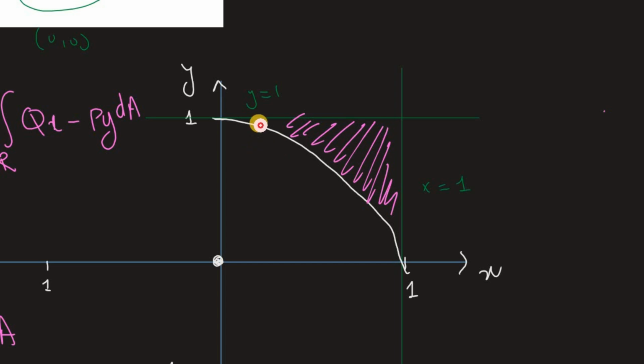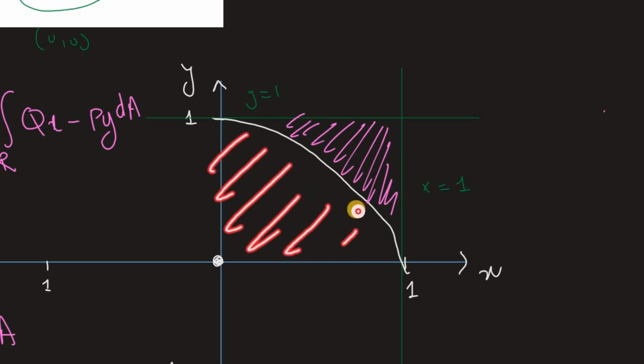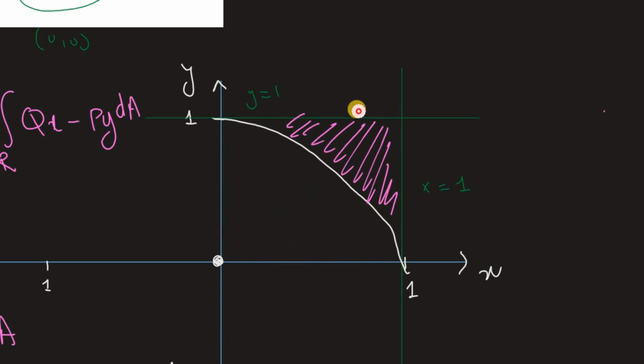But here this is not our region, right? Our region is this right over here. So here we don't know the radius of this region because this is not a circle, right? So that's why we cannot use polar.